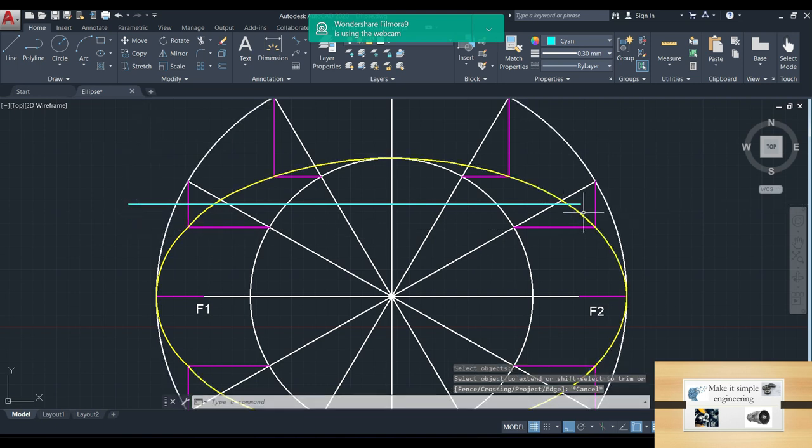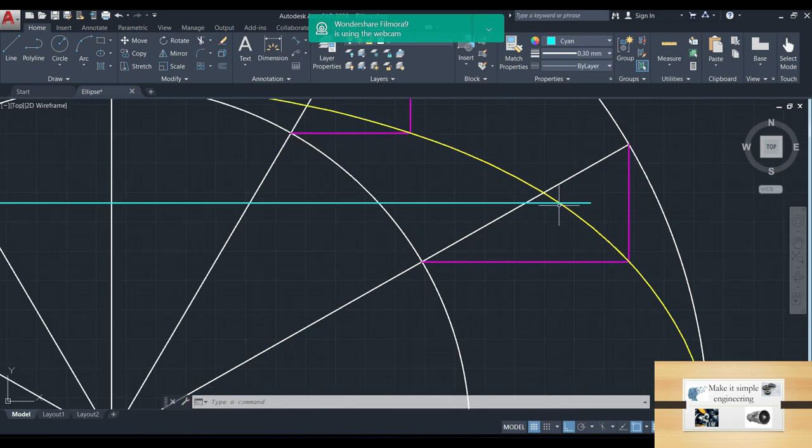This line is parallel to the major axis and also has a distance of 20 mm gap from the major axis. So that's what is mentioned in the question.